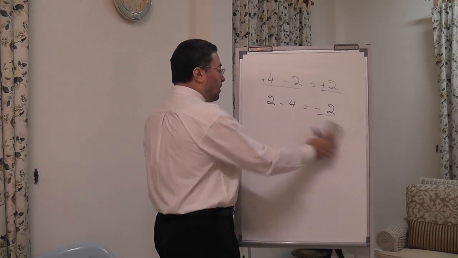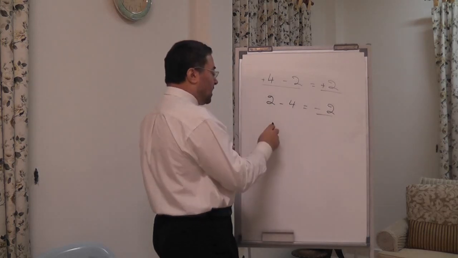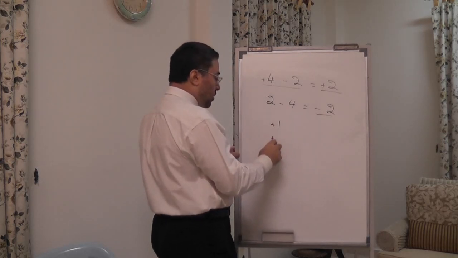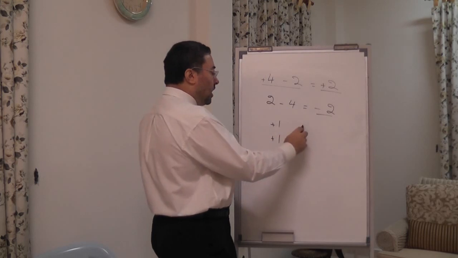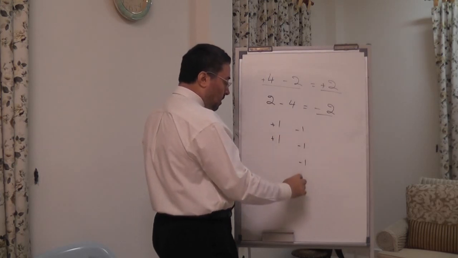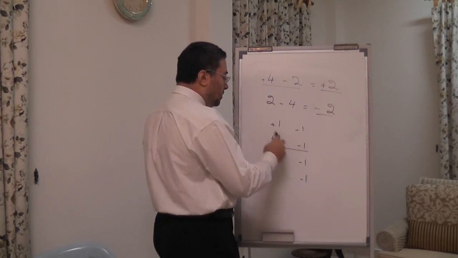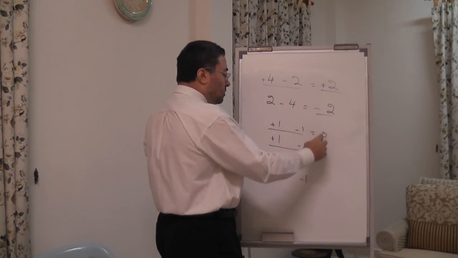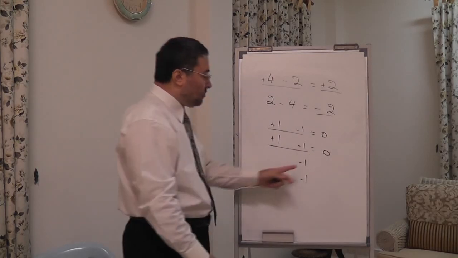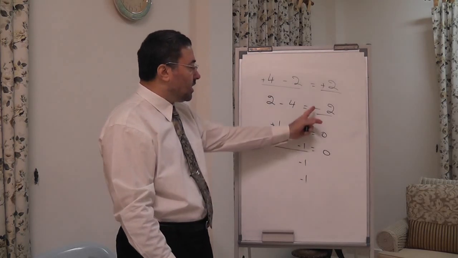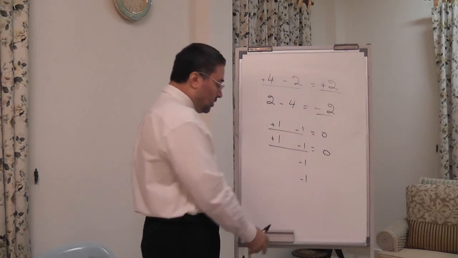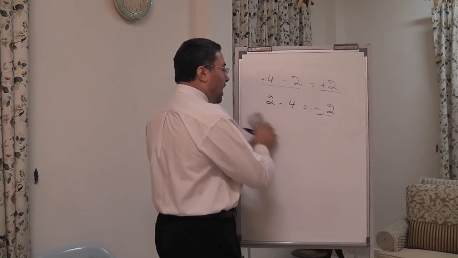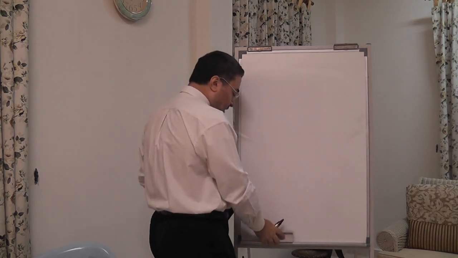However, in the second example, we have 2 positives, 1 and 1, and we have 4 negatives. These two and these two combine to give a 0, and I am left with 2 negatives, and that's what we see here.